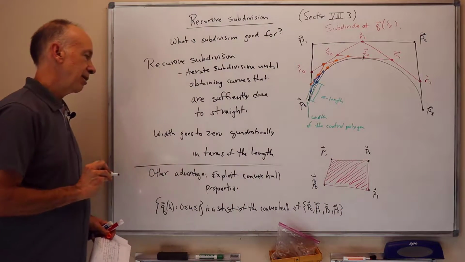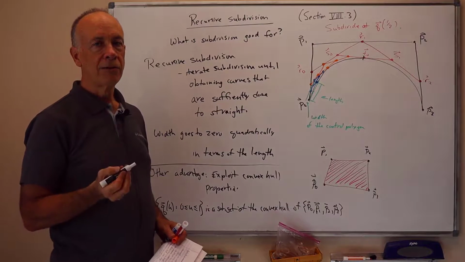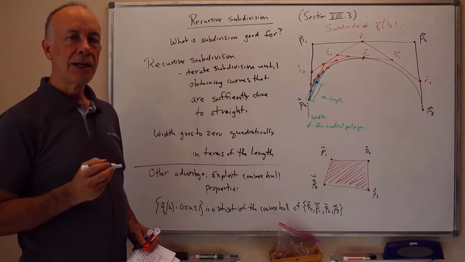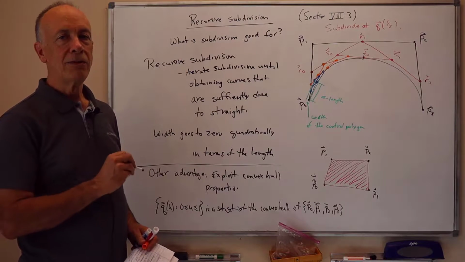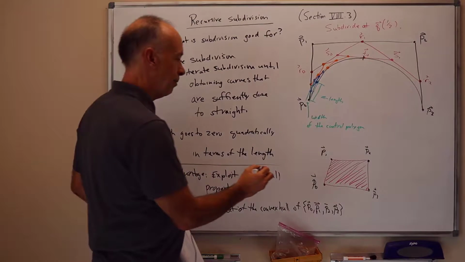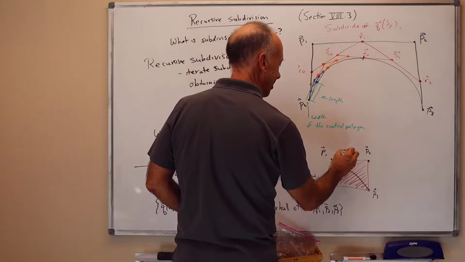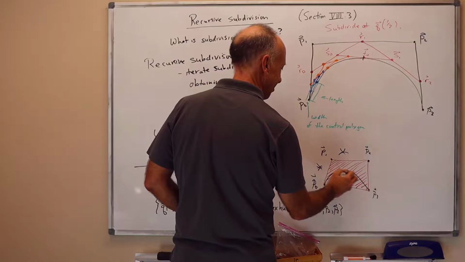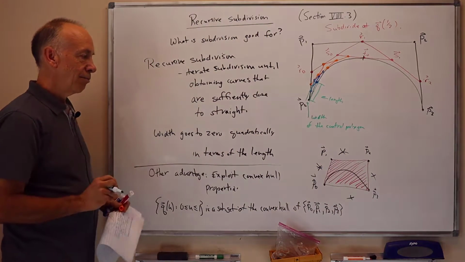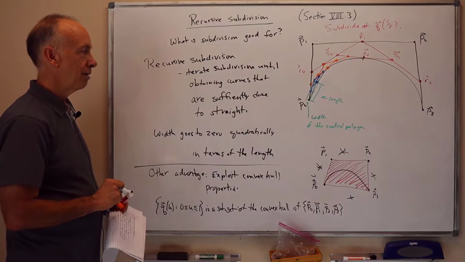So how do we know that? That's because the points Q of U for U in the interval 0, 1 are weighted averages of the 4 control points. So as a weighted average of the 4 control points, Q of U has to lie inside the convex hull of the four control points. In particular, that tells us that the curve lies someplace in here. It doesn't lie out here. It stays inside that probably rectangular type shape of the convex hull.